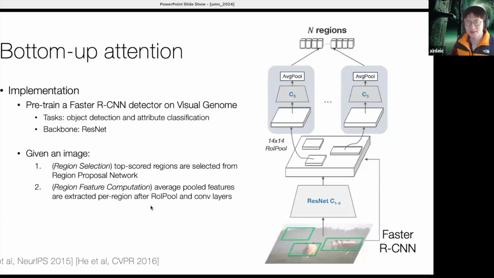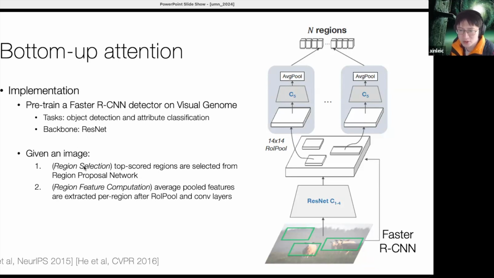And the way they do it in terms of implementation was to train an object detector. And there was a famous object detector called Faster R-CNN back then. They trained it on a data set called Visual Genome. There are some additions to it, which is maybe not so important.